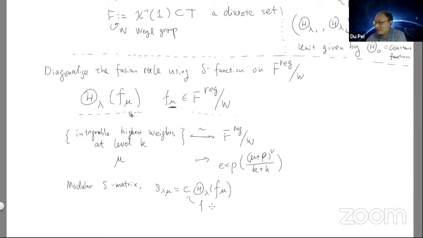And one can easily fix this normalization by the condition that S times S dagger equals identity. And so this is a concrete way of seeing a claim, or fascinating result, by Eric Verlinde, that the S transformation diagonalizes the fusion rule.